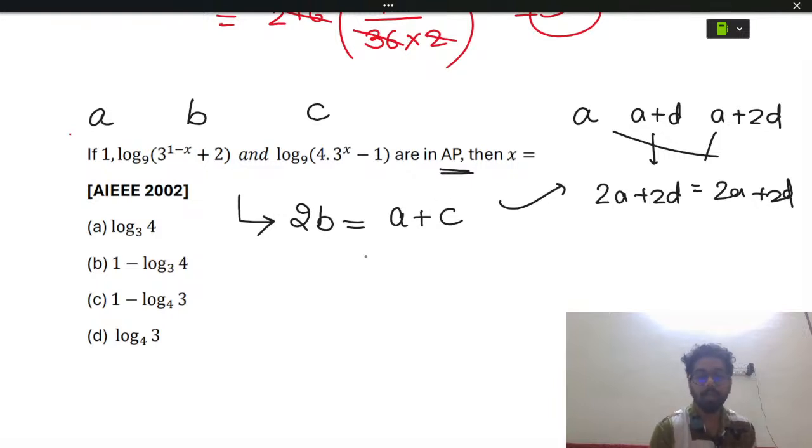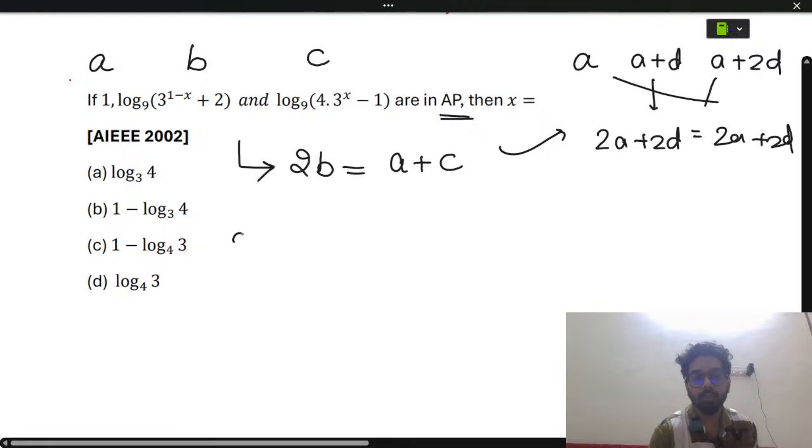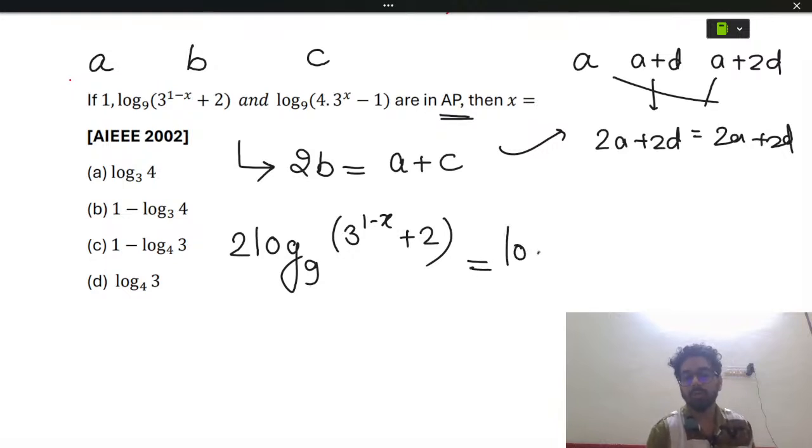Okay. Now I am going to execute this part, which means 2 times log base 9 of (3^(1-x) + 2) is equal to log base 9 of (4 times 3^x minus 1) plus 1.